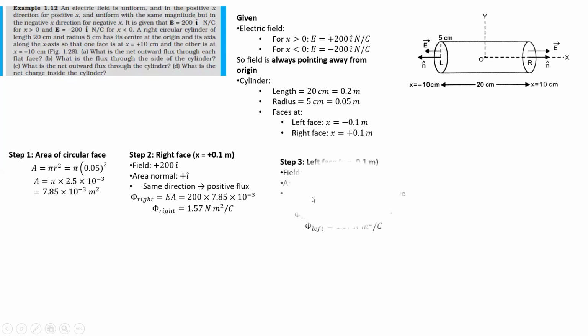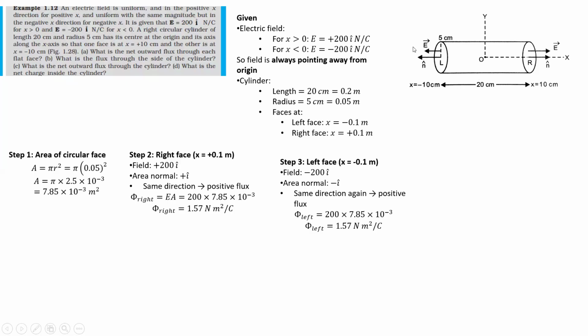Now, what will be the flux through the left circular face? Again, it is not 0, because the electric field in this direction is given as minus 200 i cap. Suppose the area of this circular face is A; its direction will be minus i cap.